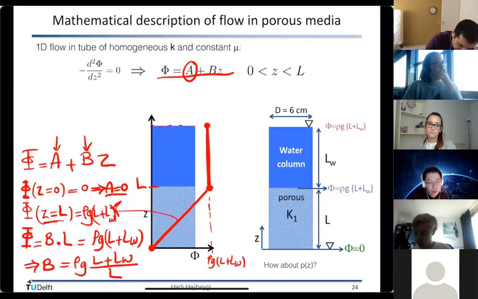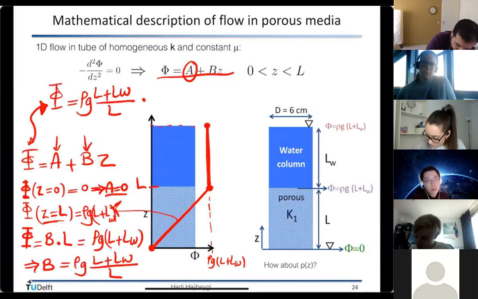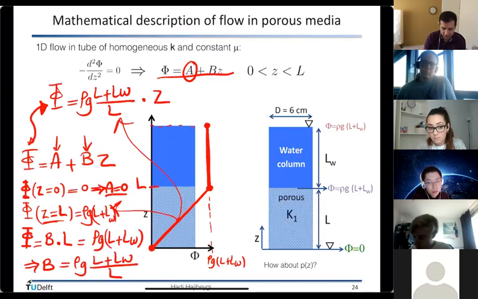So with these, I can say my potential is a linear function: rho g L plus LW over L times Z. That's the mathematical function of the line that I plotted here.